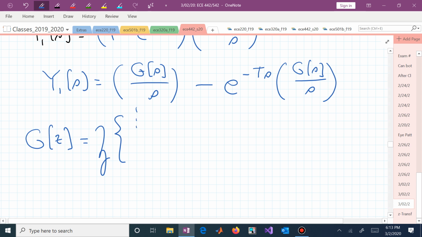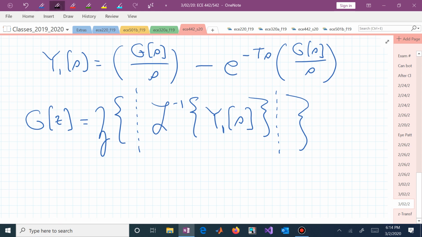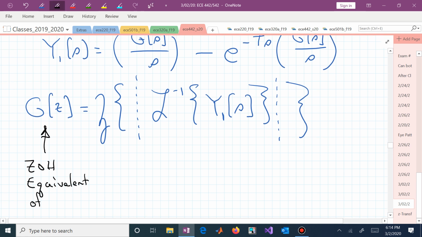So that sequence of numbers is going to be a sampled version of little y sub 1 of t. Well, what's little y sub 1 of t? Well, that's the inverse Laplace transform of capital Y sub 1 of S. This is what I want. This is the zero order hold equivalent of G of S.